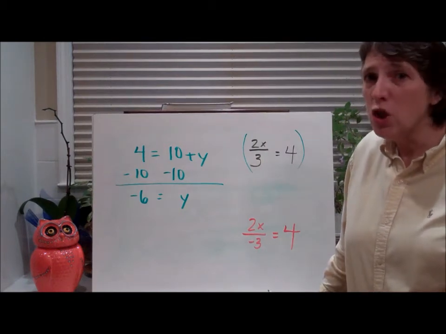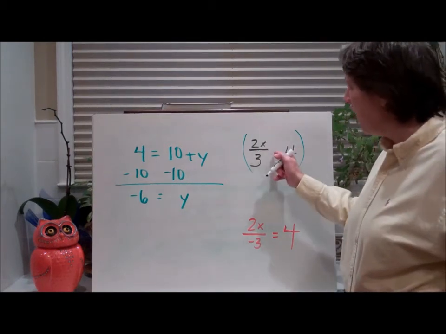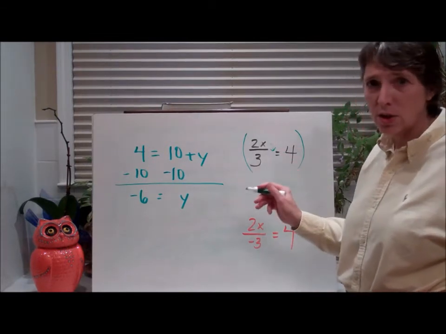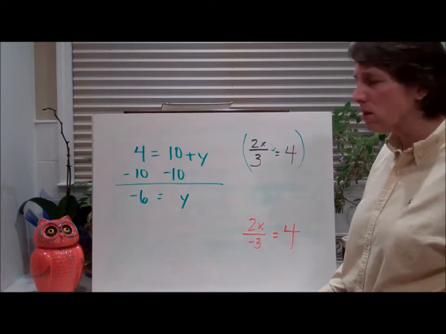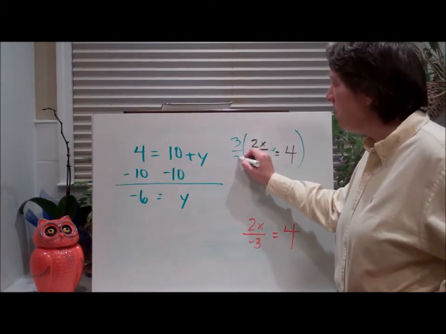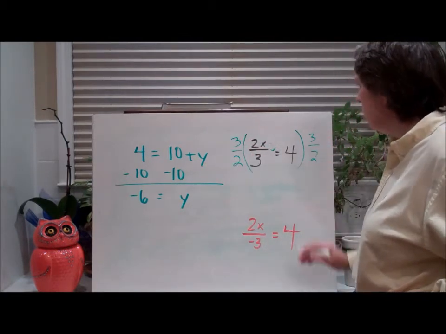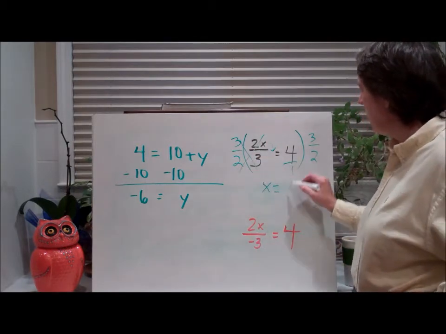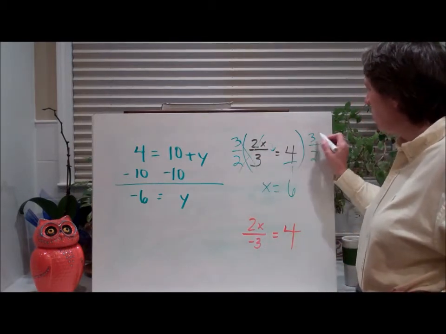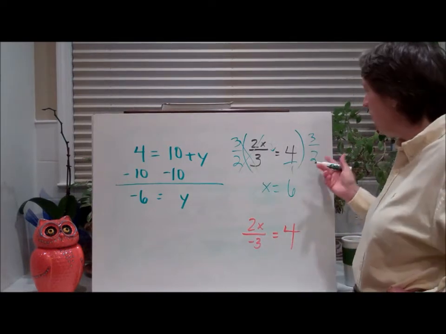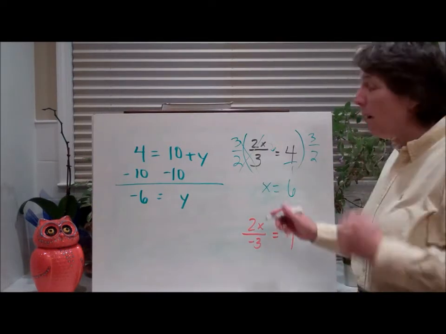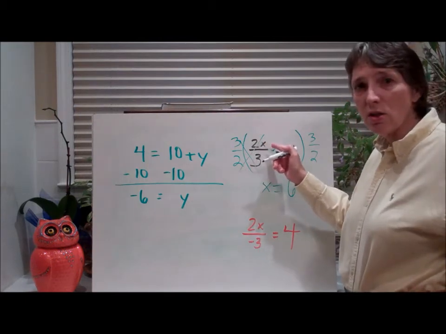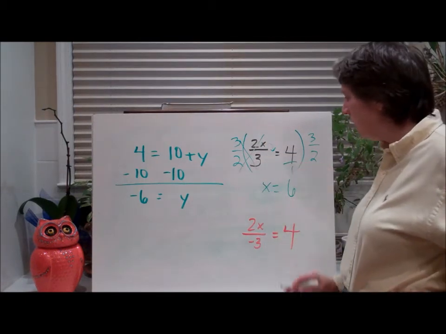Now the coefficient is 2/3, because if I pull that x out, which I can, then this becomes 2/3 x, which is the coefficient of x. So we're going to multiply by the reciprocal. This should be old hat to you now. And we do so, this is going to be x equals 6, right? Because 3 times 4 is 12, and 12 divided by 2 is 6. We go back and we check. If x equals 6, then 2 times 6 is 12, divided by 3 is indeed 4.